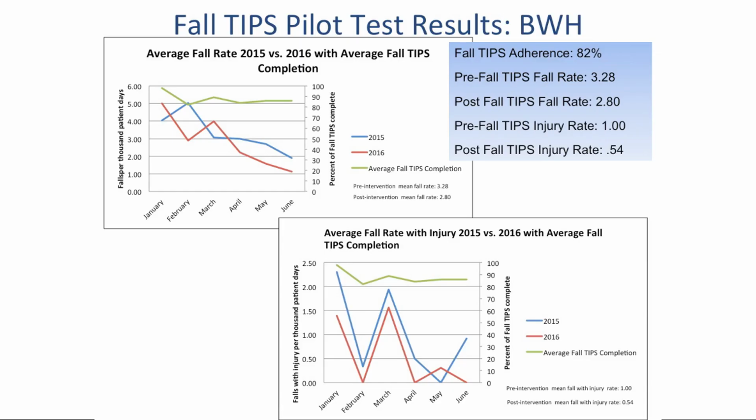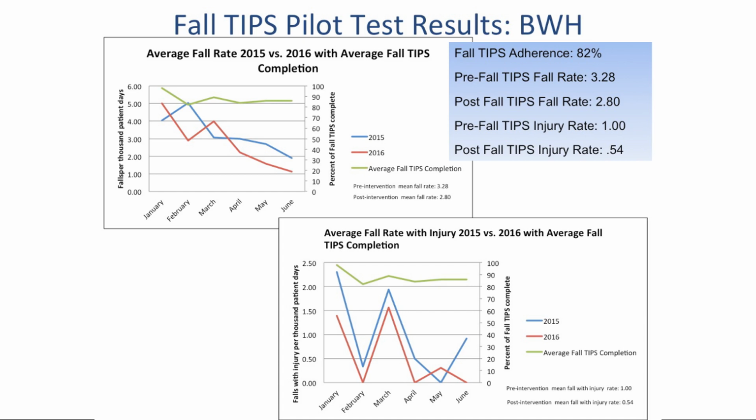What we found was that the adherence with the protocol, so that is the sign being updated and the nurses doing the assessment and the plan with the patient, was about 82%. Our fall rates dropped from 3.28 to 2.8, and our injury rate dropped in half in this study.